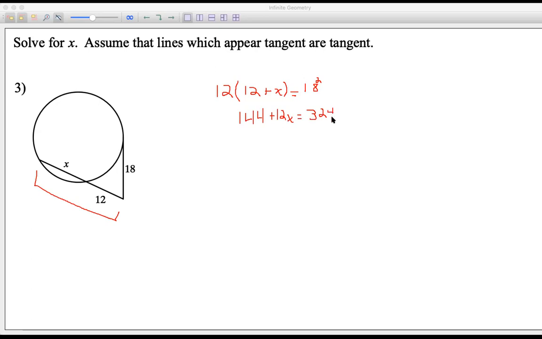Subtract 144 from both sides, and we get 12x is equal to... divide by 12, and we get, boom, look at that. No big deal. Questions, anyone? Danny, yes, no? Nice. Very good.